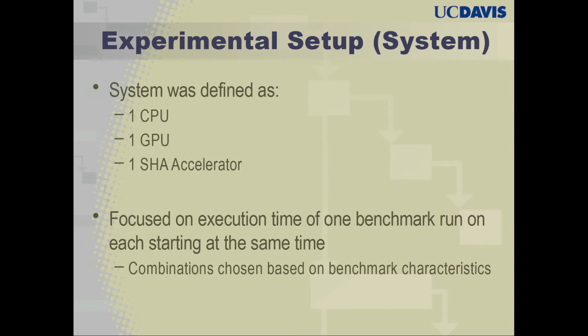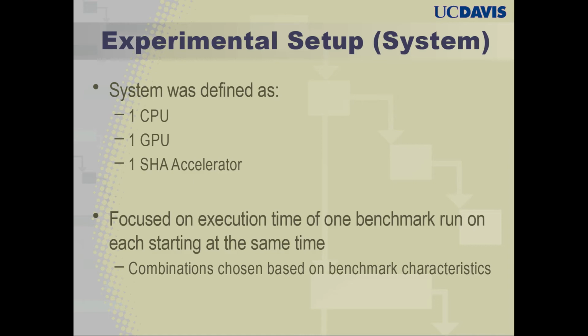So we first defined a system to evaluate, which was 1 CPU, 1 GPU, and 1 SHA accelerator. We focused on how long it takes to complete a full set of work where we're kicking off one benchmark on each component in the system, each domain, the CPU, the GPU, and the accelerator, at the same time.